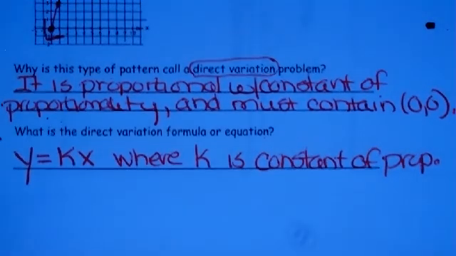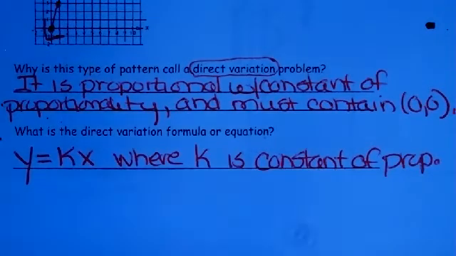I'm going to abbreviate right there for a second. K is that constant, being the number that you're going to multiply by. K is still legal, even all the way up through calculus and beyond, to say constant of proportionality.